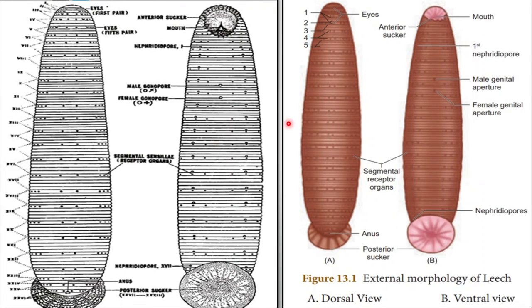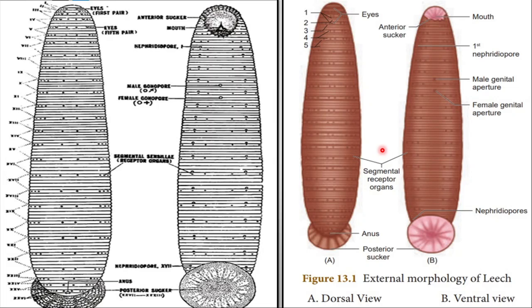See both the diagrams. Here is the pencil sketch I have drawn, and here is the colorful diagram in which every organ of the animal will become clear. From the right side diagram, A is the dorsal view of cattle leech and B is the ventral view.